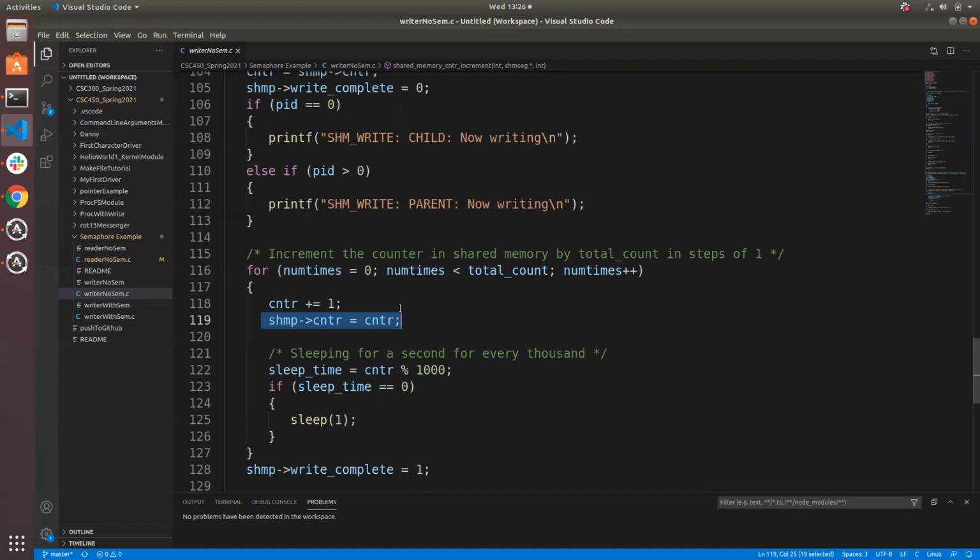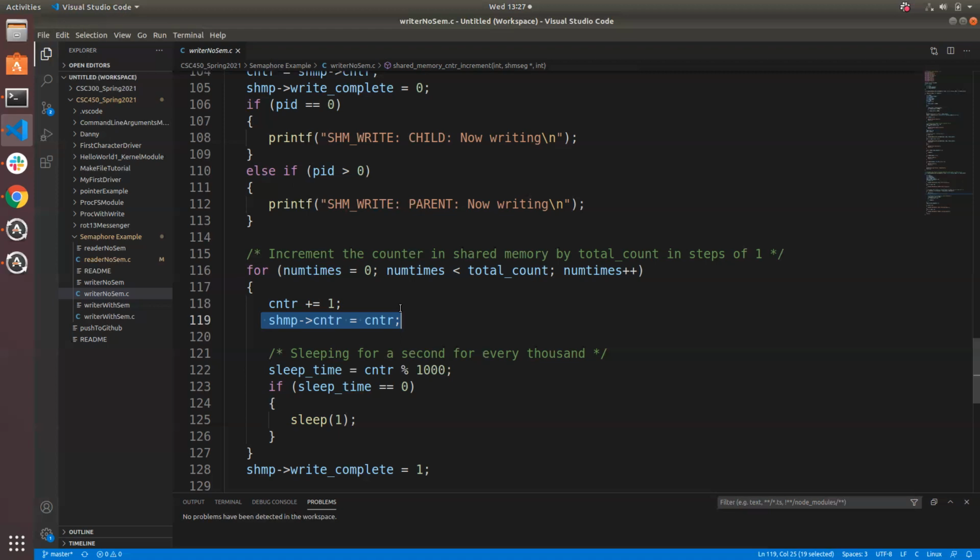Let's say maybe the parent's taken counter to 50, whatever it is, and each time through, they're overwriting counter to be 48, 49, 50. And now the child comes in, they maybe only got to 25, 28, whatever the number is. Now they're overwriting that 50 with a 28.